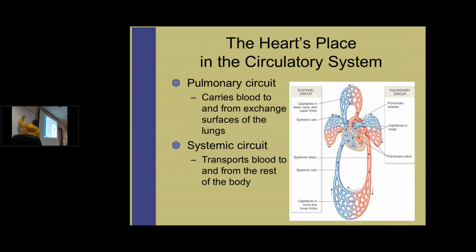So if you've got the 4 chambers of the heart and you're just staring at the heart, right? What are these 4 chambers? Right atrium, left atrium, right ventricle, and left ventricle, right? Okay, so blood from the body is returning to the heart where?